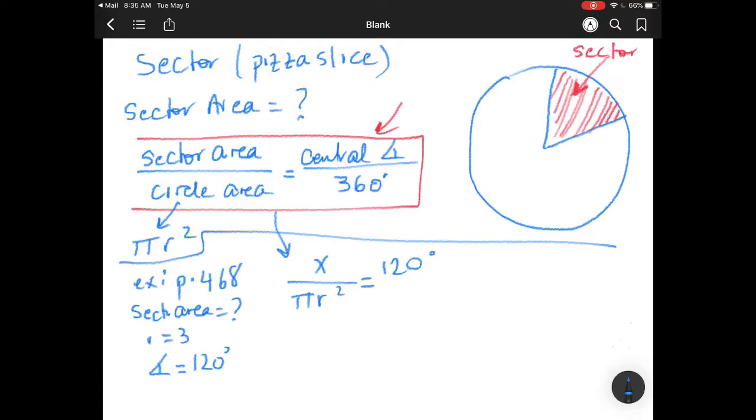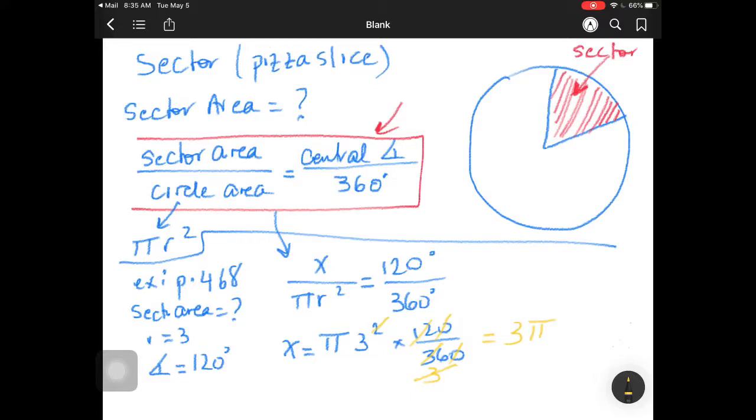Central angle is given to be 120 degrees divided by 360 degrees. So x equals pi r squared times 120 divided by 360, this cancels out to give me a 3, and 3 cancels out with one of the 3's here, and the answer would be 3 pi. So make sure you remember this.